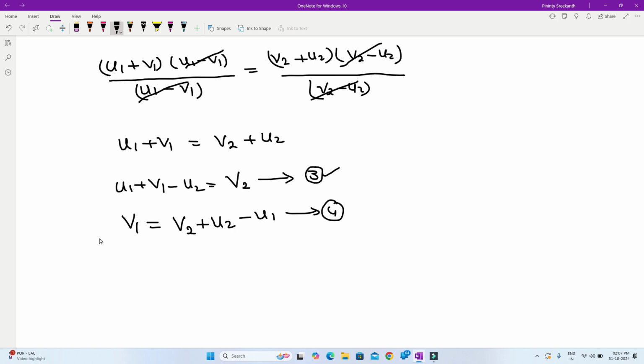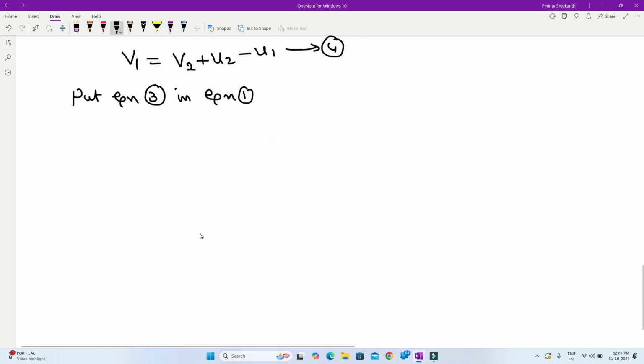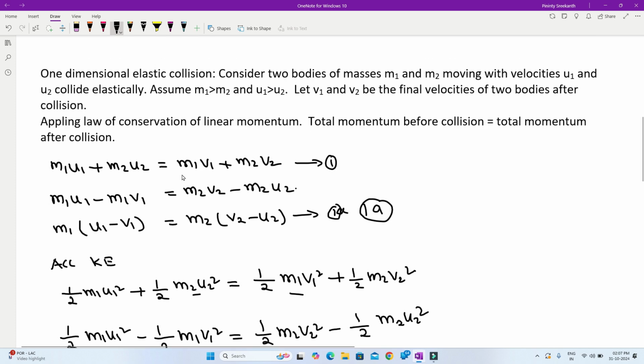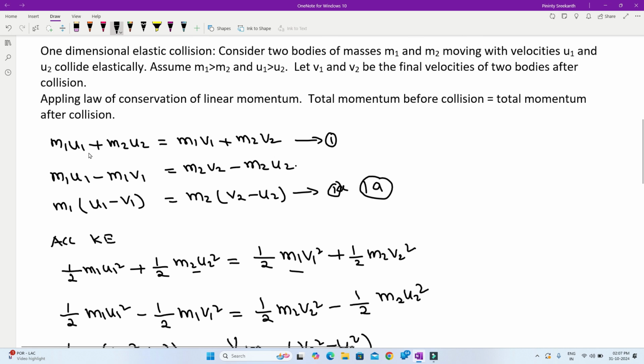Now put equation 3 in equation 1. So the equation 1 is m1 u1 + m2 u2 is equal to m1 v1 + m2 v2.